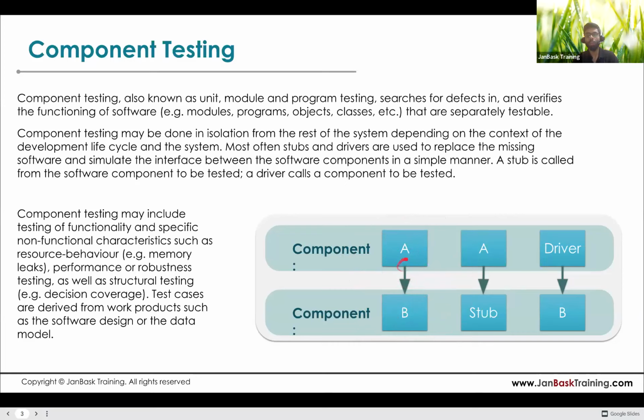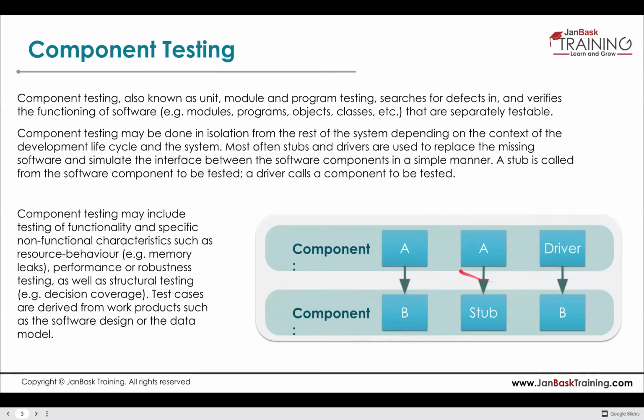If the login module is not present and we need to test the lower level module, then we will use some software or other mimicking component in its place. This component, which we use as the mimicking module at the higher level, will be called a driver.